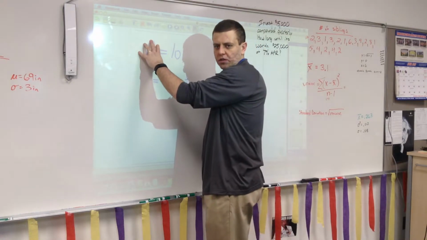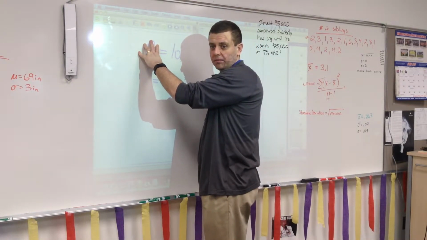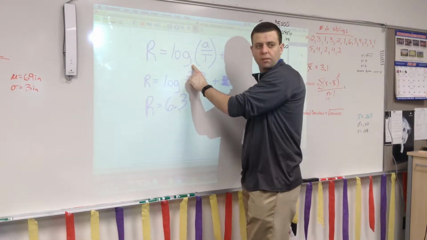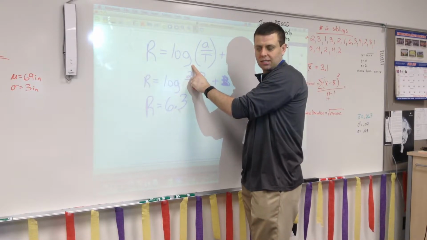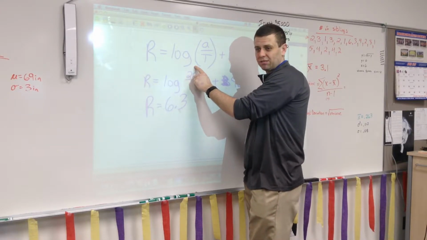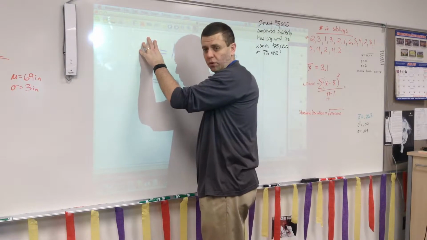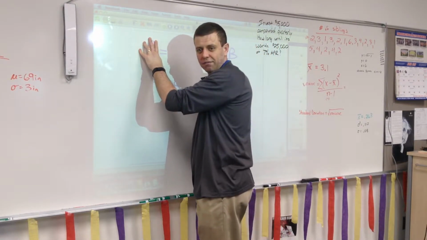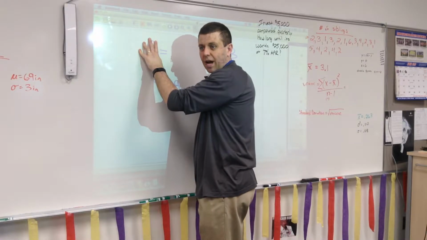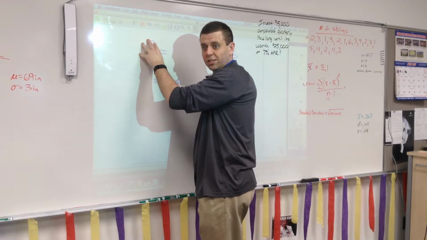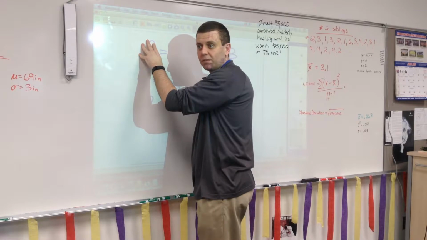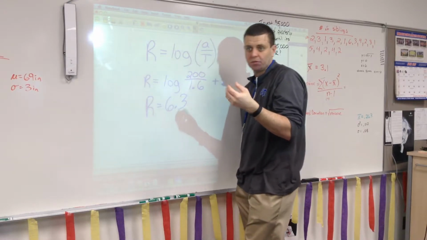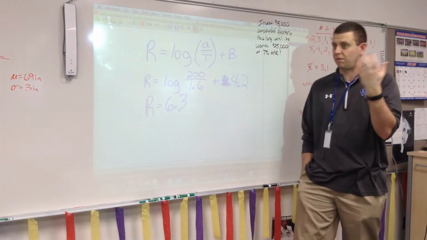The answer over here is your exponent, right? When you don't see a base, what is the base? 10. So if I had a base of 10 and an exponent of 4 versus a base of 10 and an exponent of 5, how many times stronger is the one that has the exponent of 5? 10 times stronger, because 10 to the 4th is only 4 tens. 10 to the 5th would be 5 tens.